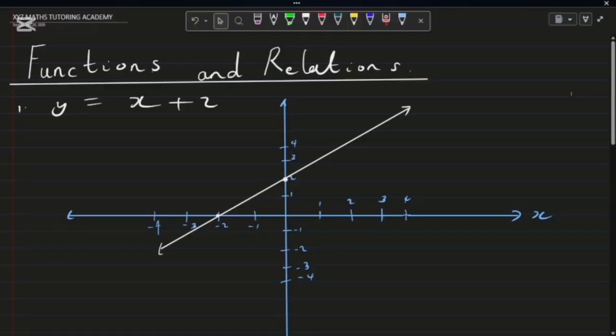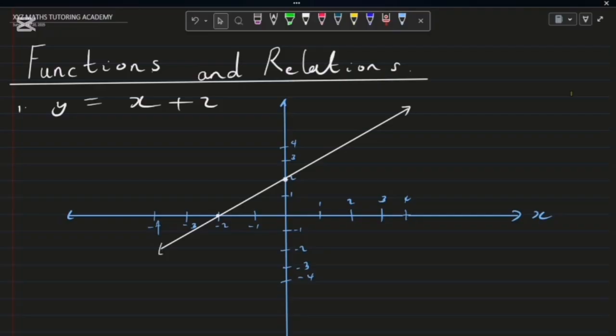Hey guys, in today's session we are discussing algebraic functions from a different perspective: functions and relations. We are still under the section of algebraic functions, and in this session we are looking at something a bit different.